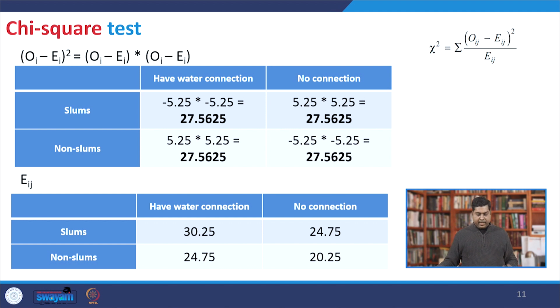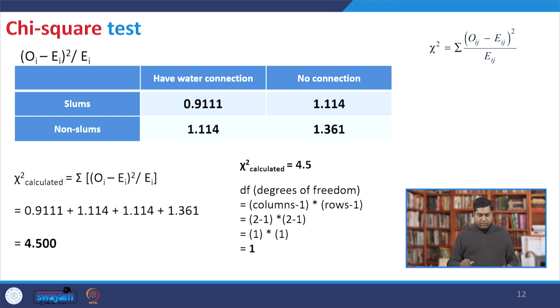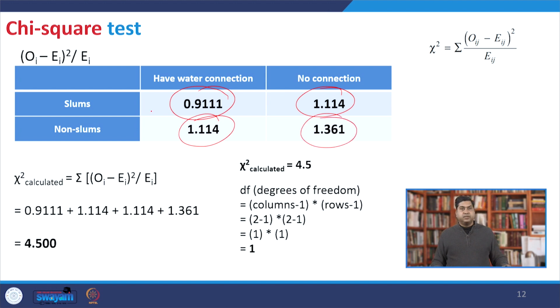Now the next thing is that whenever we have those values, we also have to divide by Eij. So these are the values you have for (Oij minus Eij) squared, and then this is divided by Eij. Now in this particular case you are getting a value in 4 respective cells, right.